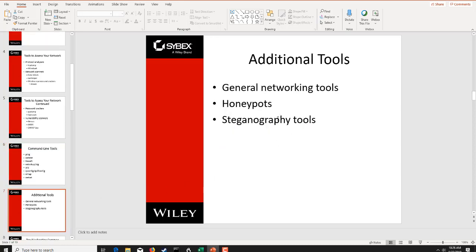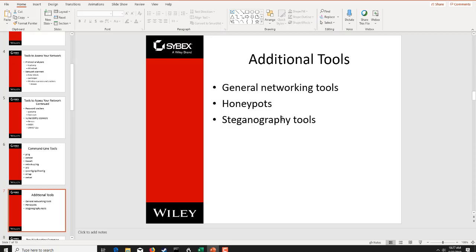Some additional tools, general networking tools, such as login tools or login applications like PuTTY, TeraTerm, emulators. That's the word I was looking for. Steganography tools that are going to be explained later on in Chapter 8, but in cryptography.